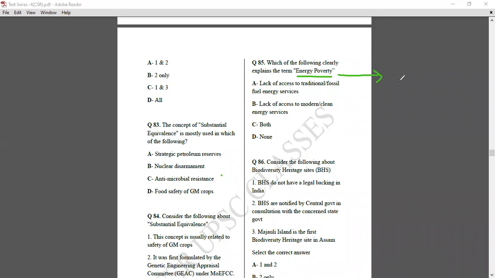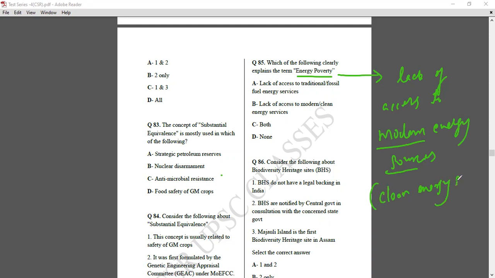Energy poverty means lack of access to modern energy sources. And what are modern energy sources? That is clean energy. If you do not have access to clean energy, that phenomenon is called energy poverty. It is not about access to traditional or fossil fuel energy services. No.